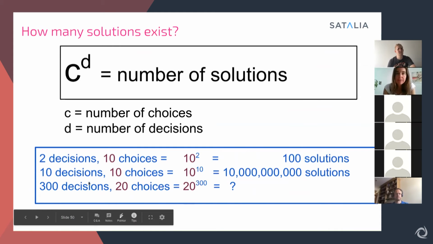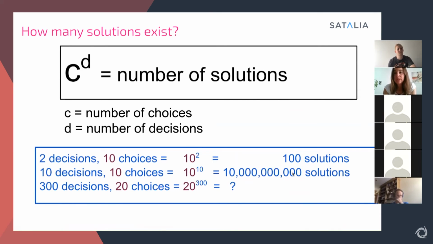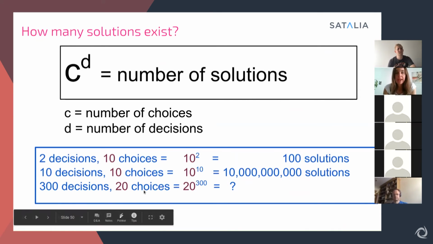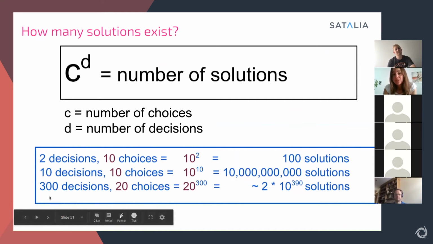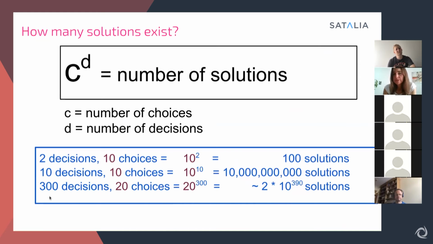If we have 10 decisions and 10 choices, we are already at 10 billion solutions. And for an example with 300 decisions and 20 choices, we are already looking at a massive number. Having to make 300 decisions with 20 different options is not very uncommon. This is very common in industry, where typically you might even have to make thousands of decisions.